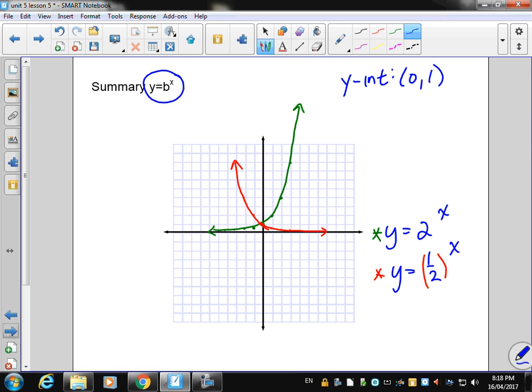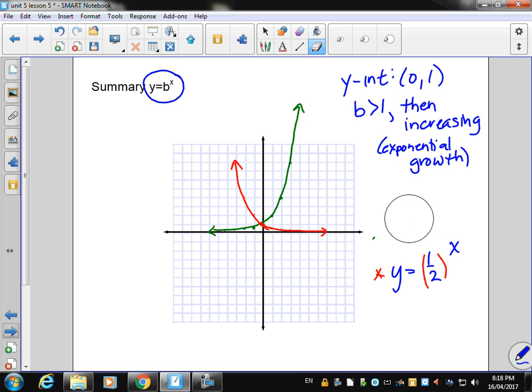That is very helpful. If b is larger than 1, then it is increasing, and we call that exponential growth. If b is a fraction between 0 and 1, then we have exponential decay, or a decreasing function.